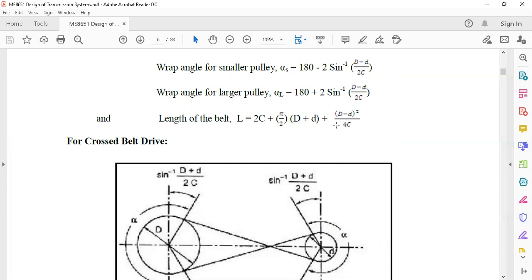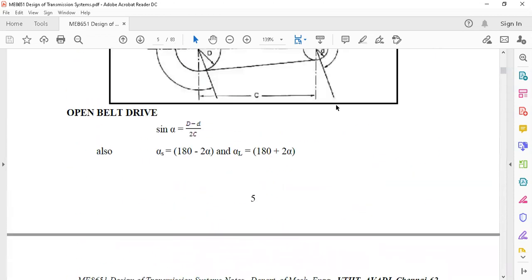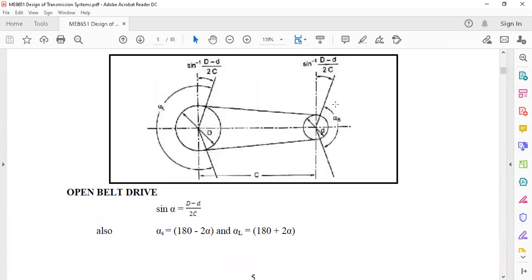By solving this, we can calculate the total length of a belt. Okay, the length of a belt is equal to 2c plus pi by 2 times (the diameter of the larger pulley plus the diameter of the smaller pulley) plus the angle of contact term, (D minus d) whole square divided by 4c. Okay, this is what we can derive from the open belt drive system.